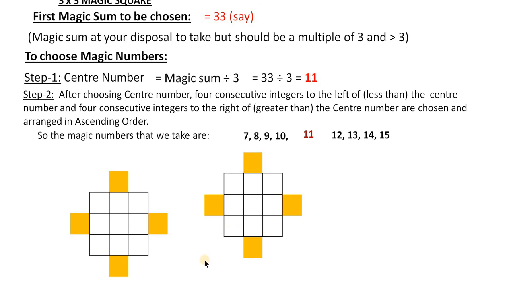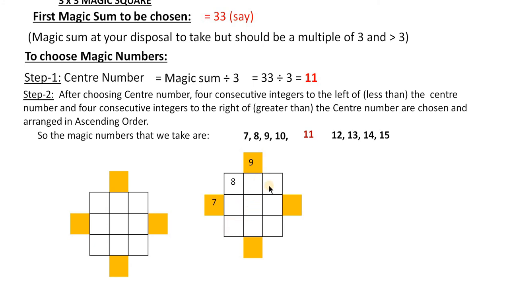After doing this, I will fill in these numbers in the order it is written, 7, 8, 9, 10, 11. But I will not be writing them horizontally or vertically. I will write diagonally from left bottom to right top. So it will be 7 here, 8, 9. After that, this row will be left empty.